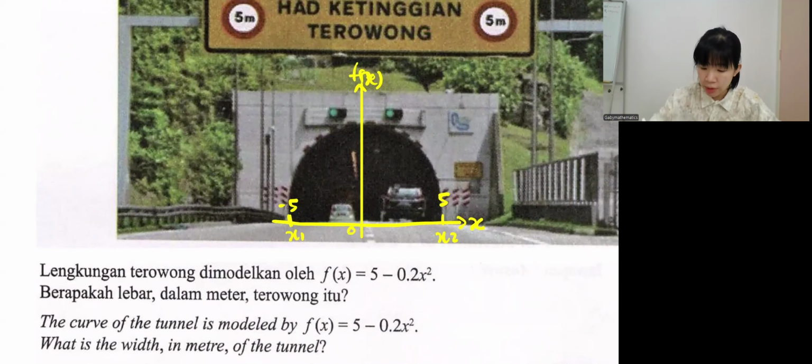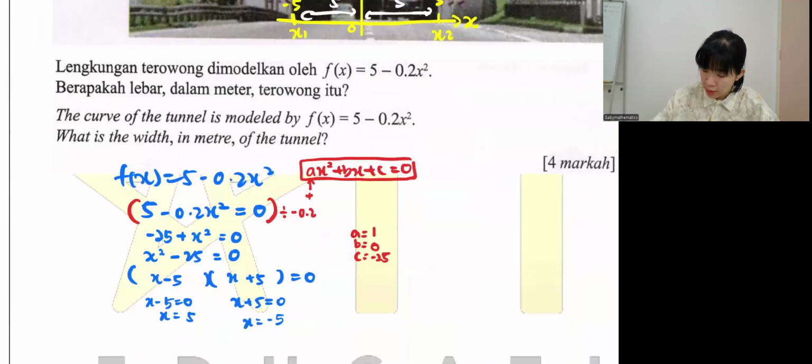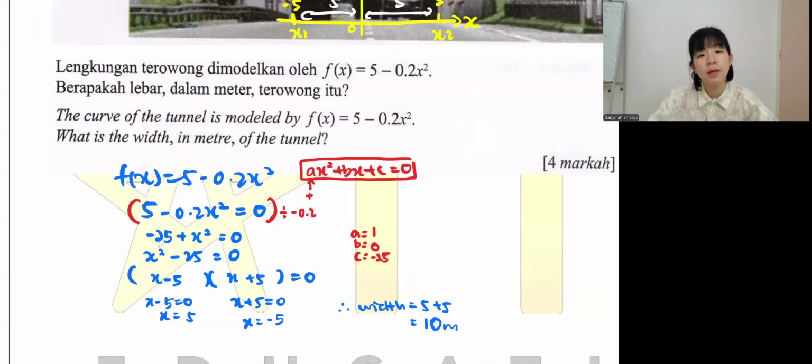So this one 0. So here will be 5 units. And then here another 5 units. So total 10. Okay, total 10. So at the end, the width is 5 plus 5. So it is 10 meters.